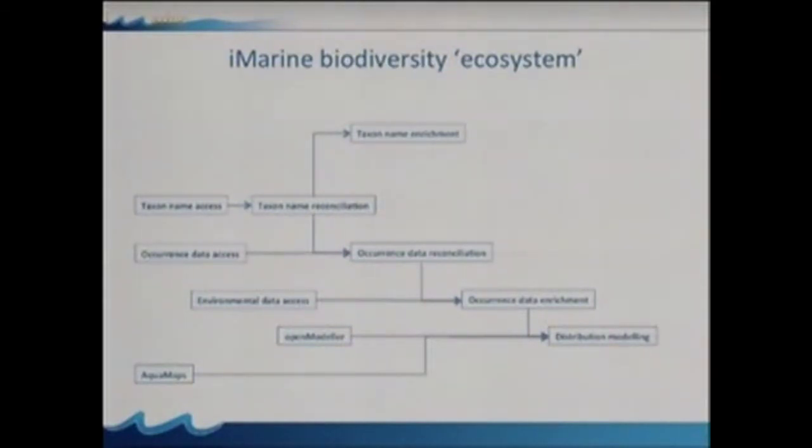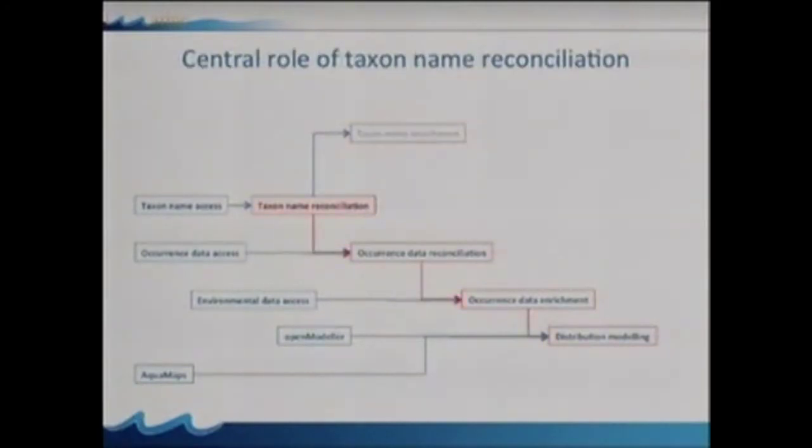But then that taxon name reconciliation is really playing a very central role in the whole process, because a lot of the other things will depend on that, and depend also on the quality of the taxonomic name reconciliation. For example, if you want to make sure that you discuss the occurrence data of the same species, all of the same species, whatever way the species name has been spelled, then of course you have to do that taxonomic name reconciliation first. And then ultimately it's also going to improve the quality of the distribution modeling.